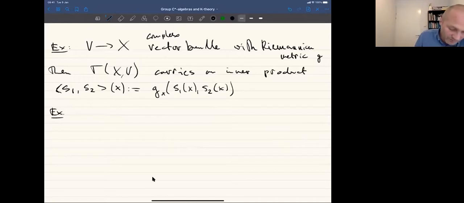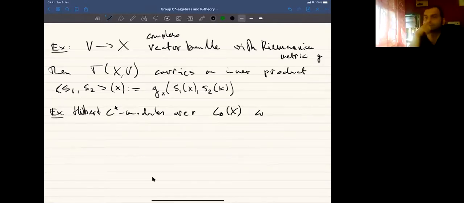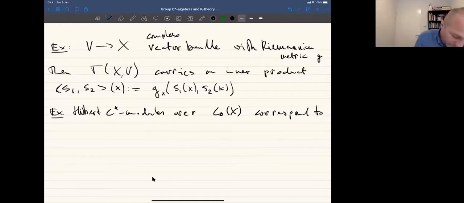So, as an example or remark, Hilbert C-star modules over C0 of X for some space correspond to, well, sections of so-called continuous fields of Hilbert spaces.